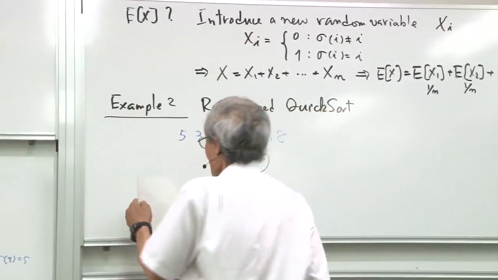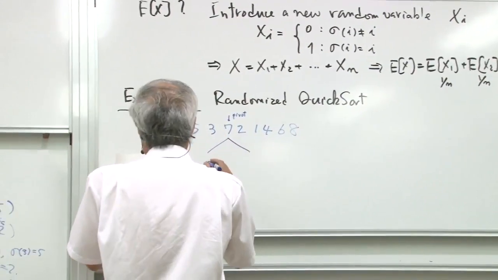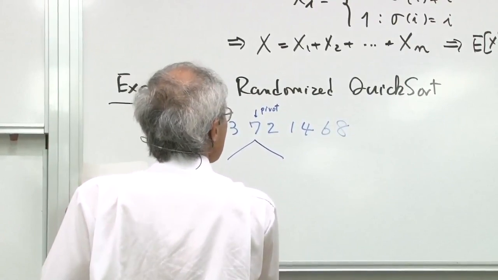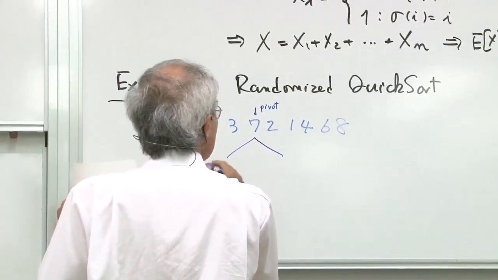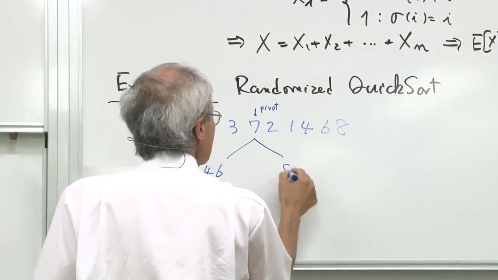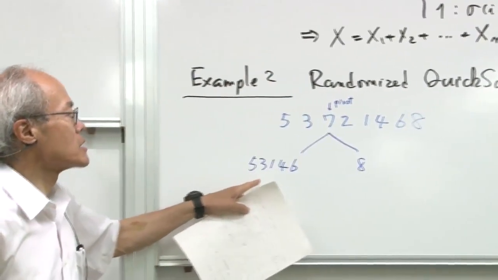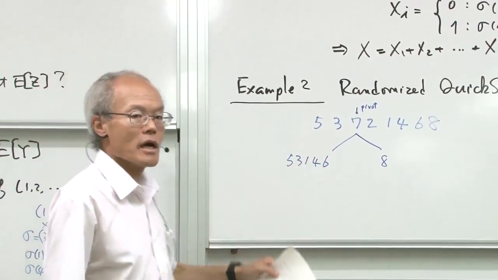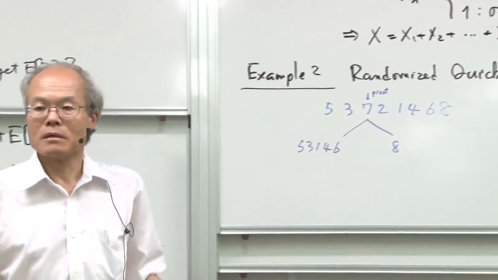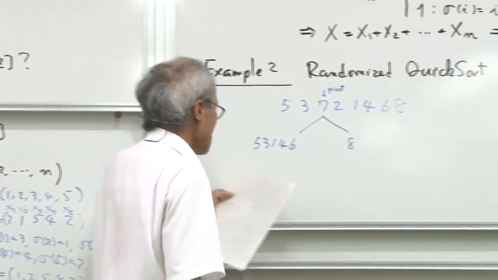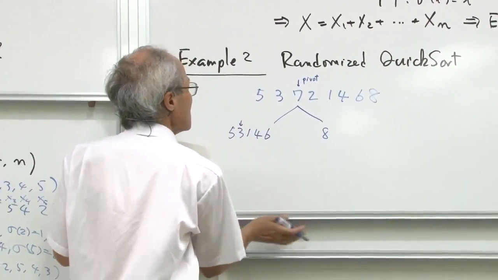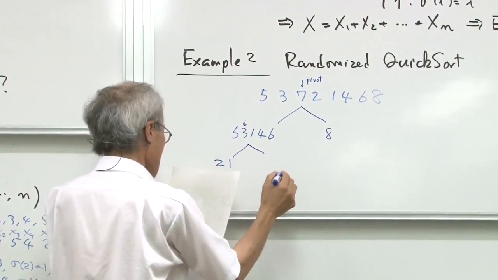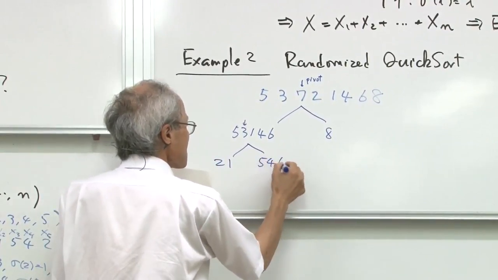So now we have 2 groups: 5, 3, 1, 4, 6, and 8. This is smaller than 7. This is larger than 7. So we have 2 groups, and we do exactly the same thing recursively. Next, maybe your pivot is 3. Then 2, 1, and 5, 4, 6.